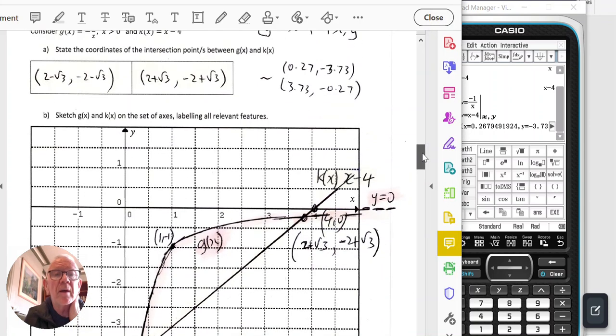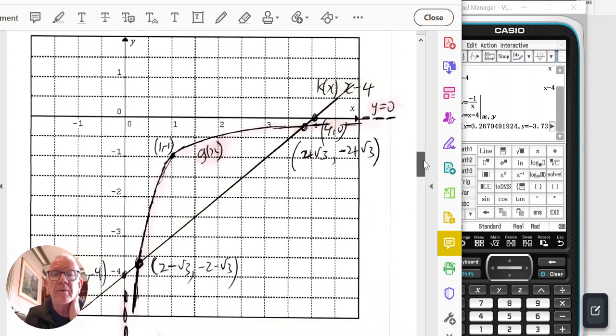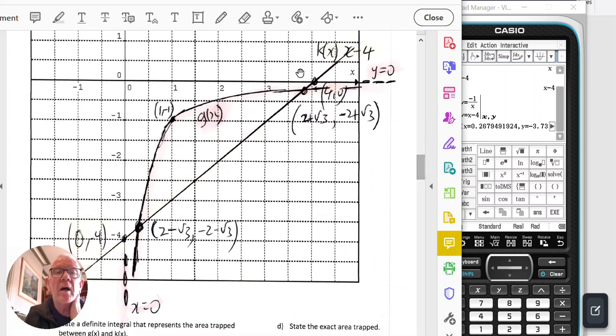And then I'm drawing a graph of both of them, labelling all of the relevant features. For the hyperbola, the relevant features include the equation of the asymptotes, the dotted lines of the asymptotes, the other point which I know is 1, 1, labelling it g of x.